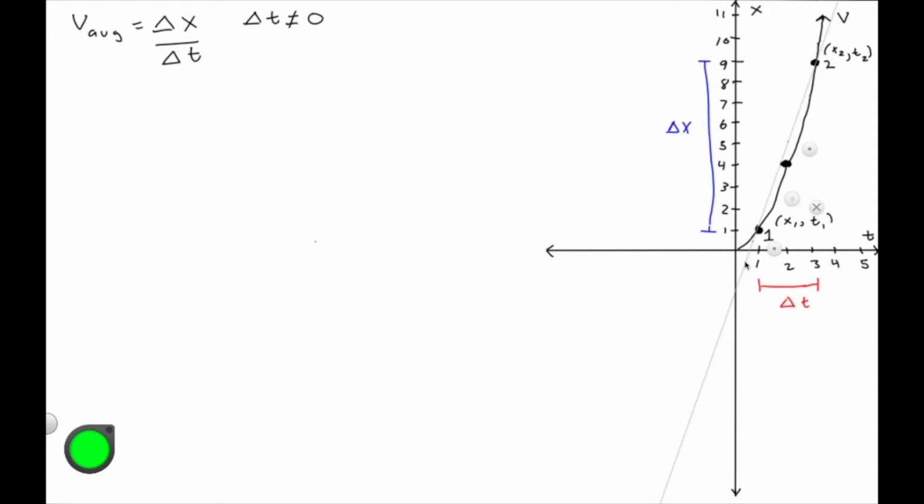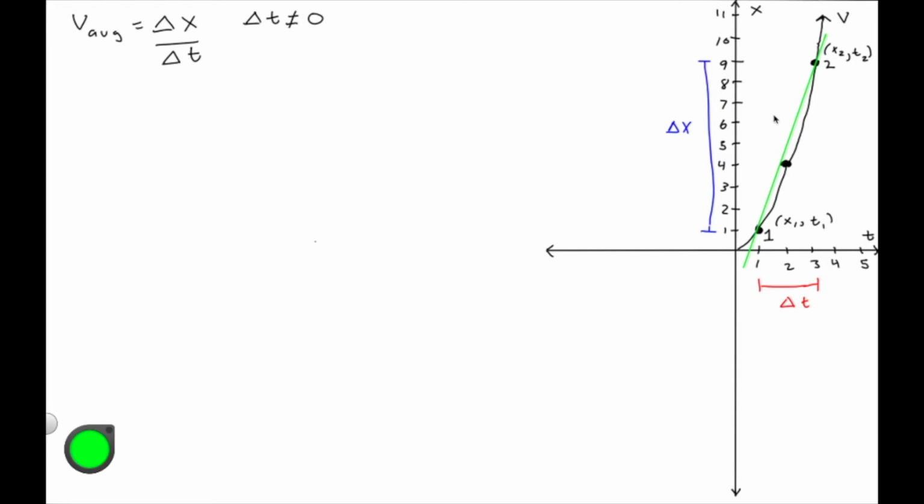So if we take our green marker and draw the line through these 2 points, the slope of this line would be our average velocity. The slope of that secant line would give us our average velocity.